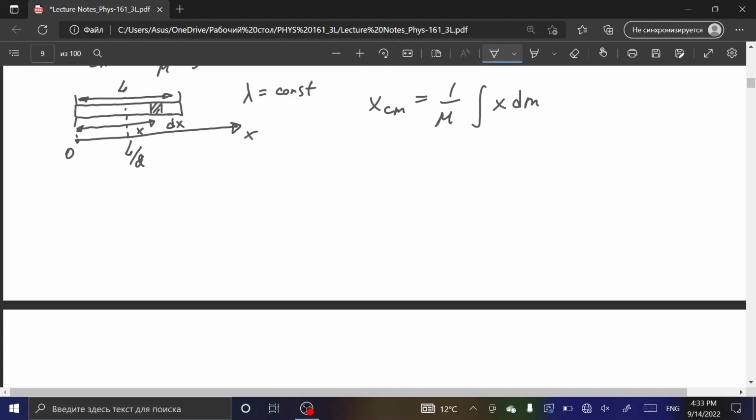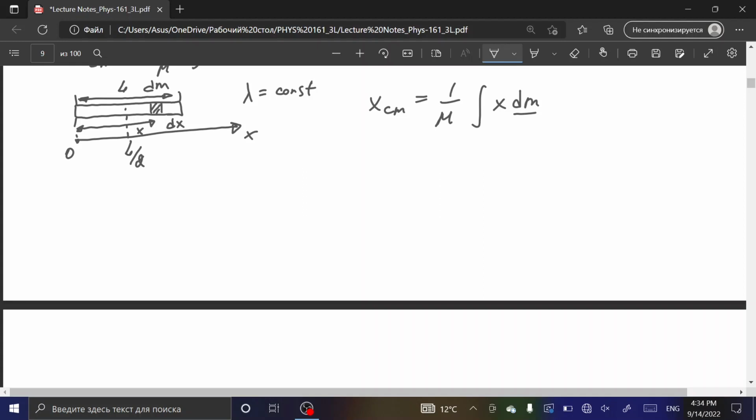So how do we represent this dm in terms of x? Obviously, this small element which we pick will possess some mass, dm. How do we represent this dm? Assuming that we have linear density lambda, lambda multiplied by dx, this small length.